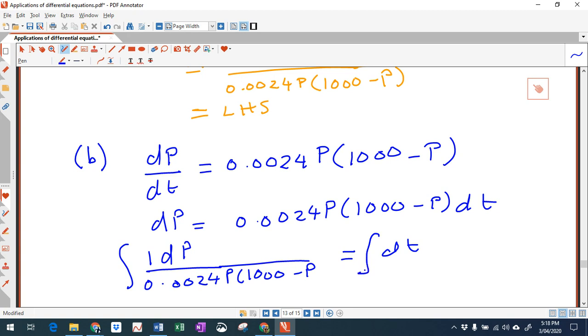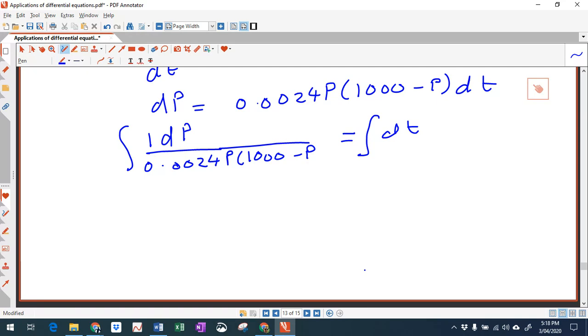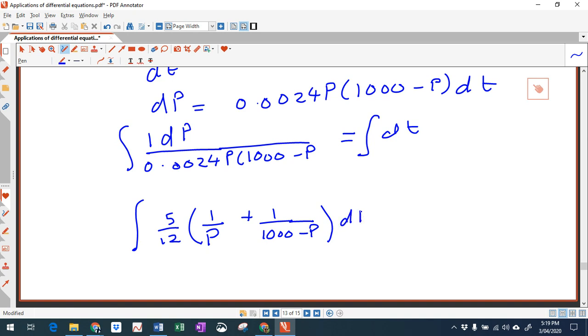Now we can replace that reciprocal function in the first integral with 5/12 times (1/P + 1/(1000 − P)) dP, and the right-hand side is just going to be t + c.